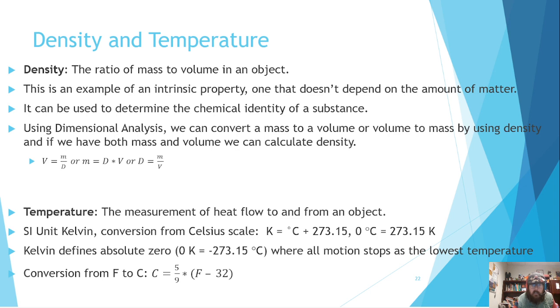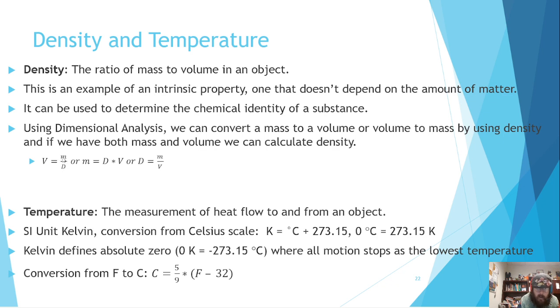The main equation is density equals mass over volume. But by rearranging this, by multiplying volume to the other side, we get mass is equal to density times volume. And then moving the density to the other side, volume equals mass over density.